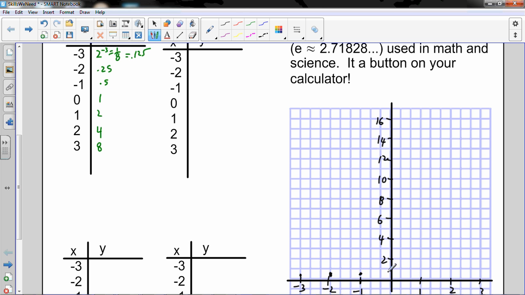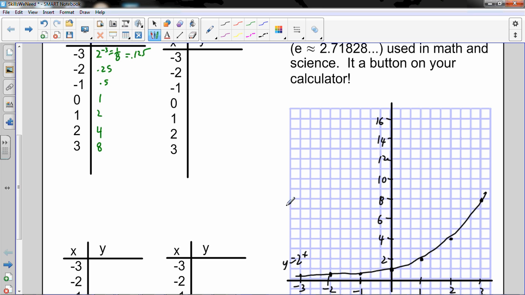And when x is 0, y is 1, right there, and so on. I'm going to start doubling, and I get a fairly familiar exponential shape. This is an exponential function. Nice smooth curve between all of them. Yeah, that's not bad.